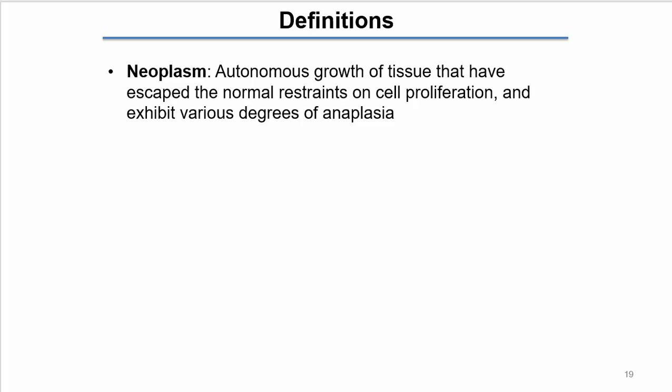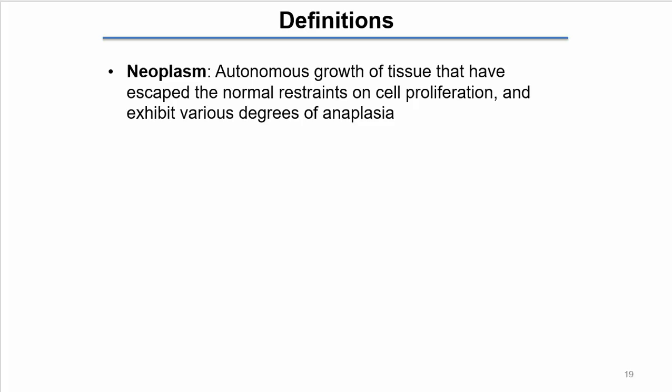Now, when the anaplastic cells start to form a tissue, we call this a neoplasm. This is an autonomous growth of tissue. And there's no normal restraints on the cell proliferation. There's all kinds of anaplasia within the cells. There's dysplasia going on. And the cells kind of lose their cell life cycle. They don't have their programmed death. They undergo mitosis very, very rapidly.